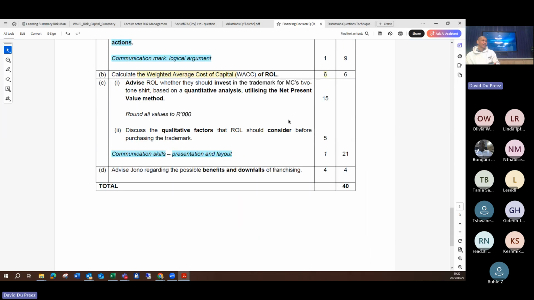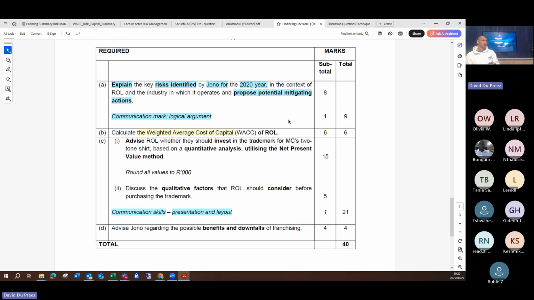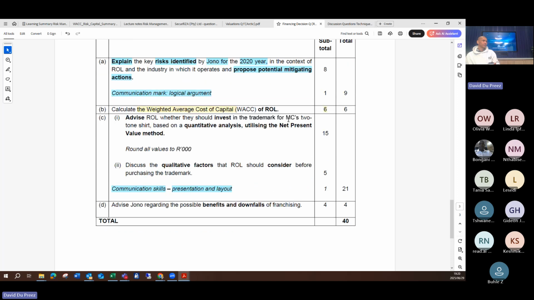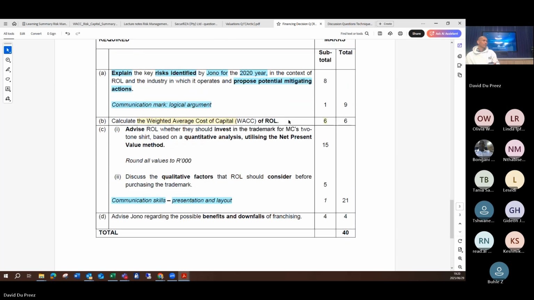Here's the next question. It says advise. Again, Lesedi, you will never forget this because I'm always going to link your name to this. Advise means you must conclude and tell them at the end whether they should invest in this or not.